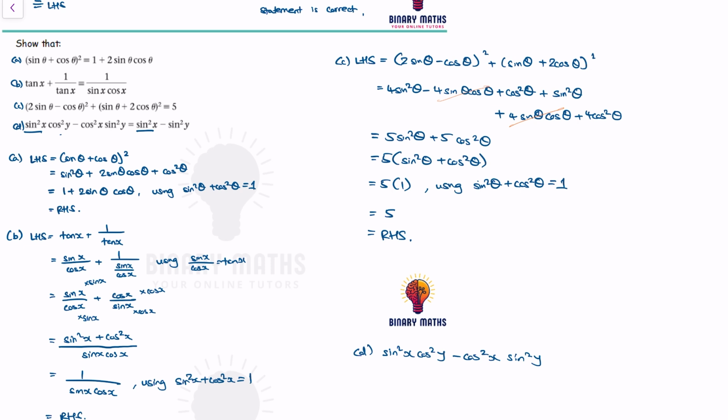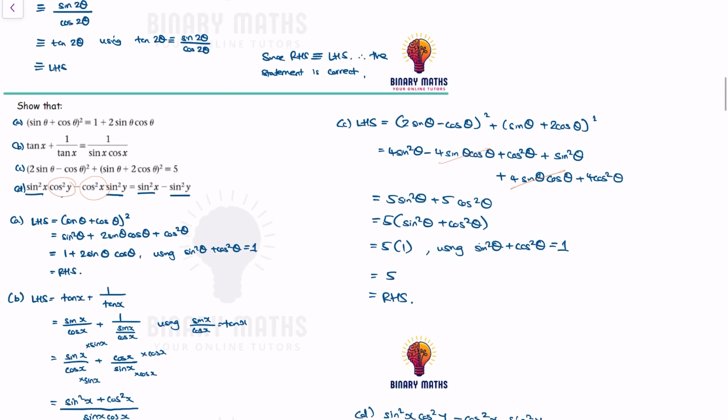And also in the second term, the sine squared x has disappeared. So if you look at what's common between the two, what I haven't highlighted is what I want to get rid of. So I need to get rid of the cos squared y and the cos squared x.